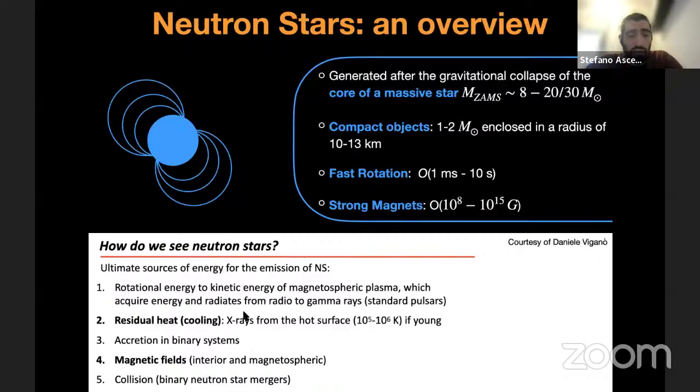And then we have other neutron stars which emit thermal luminosity from their hot surface, mainly in X-ray. Some other neutron stars accrete, and in some other neutron stars, the ultimate energetic source is the decay of their very strong magnetic field.